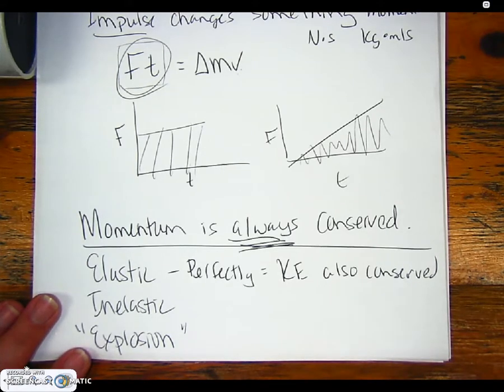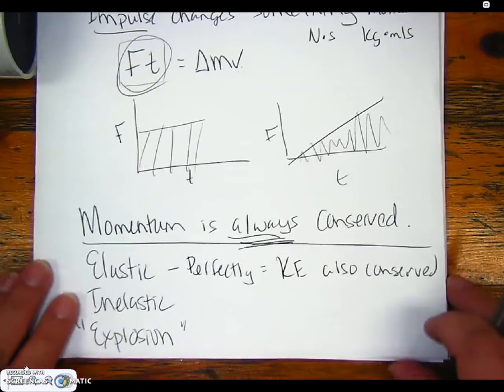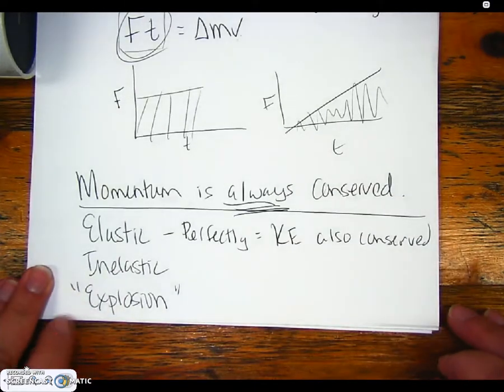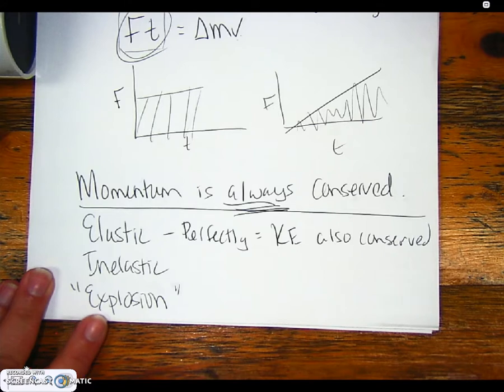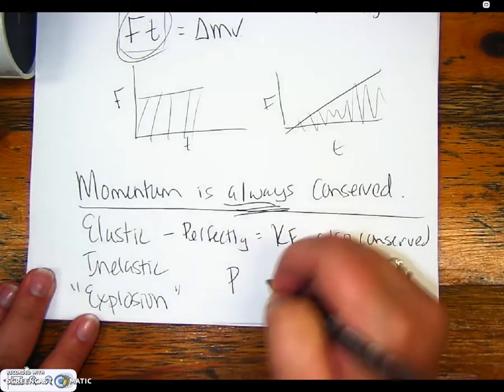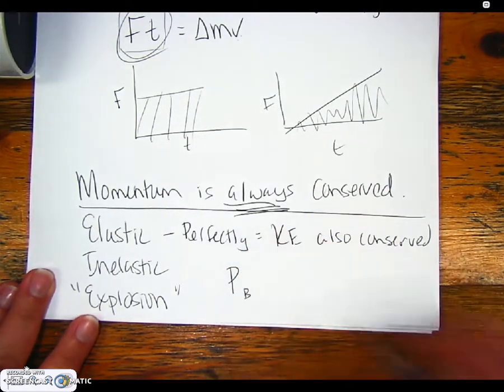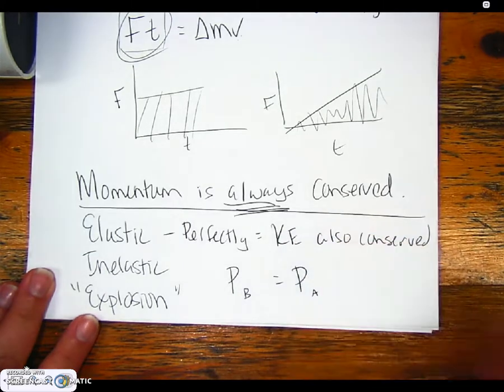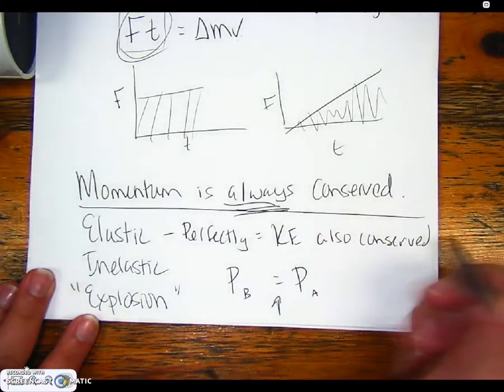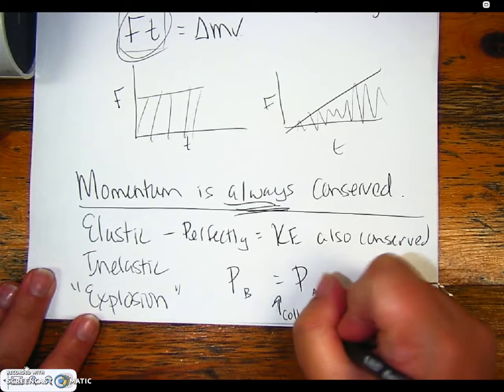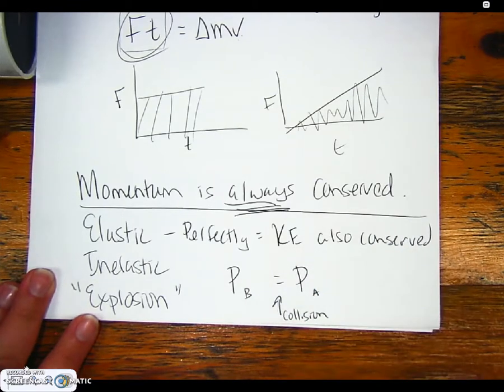So when we do problems that involve conservation of momentum, we need to do like we did with the conservation of energy equations, and figure out: what was the momentum before, or at the beginning, and what is the momentum after? And this point right here, the equal sign, is some sort of collision or change within the system.